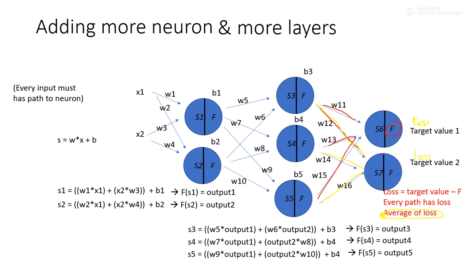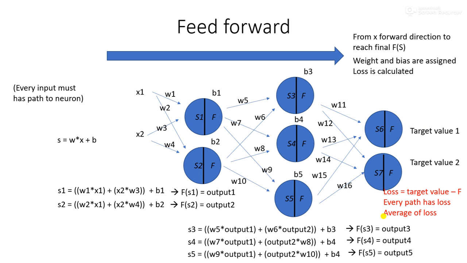Now this is what we call feed forward. Feed forward means from x1, the inputs are moving this way to the right, in the direction of the final Fs. And weights and biases are assigned.